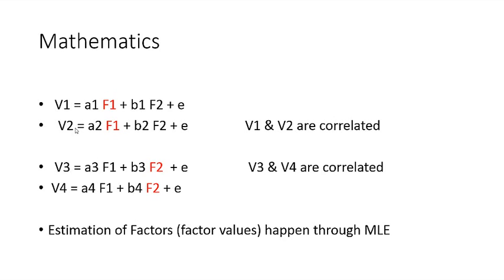Similarly, v4 is a linear combination of f1 and f2. The coefficient for f2 is significant, whereas the coefficient for f1 is very less significant or not at all significant. And that's the way we group v3 and v4 and come up with the latent factor f2.